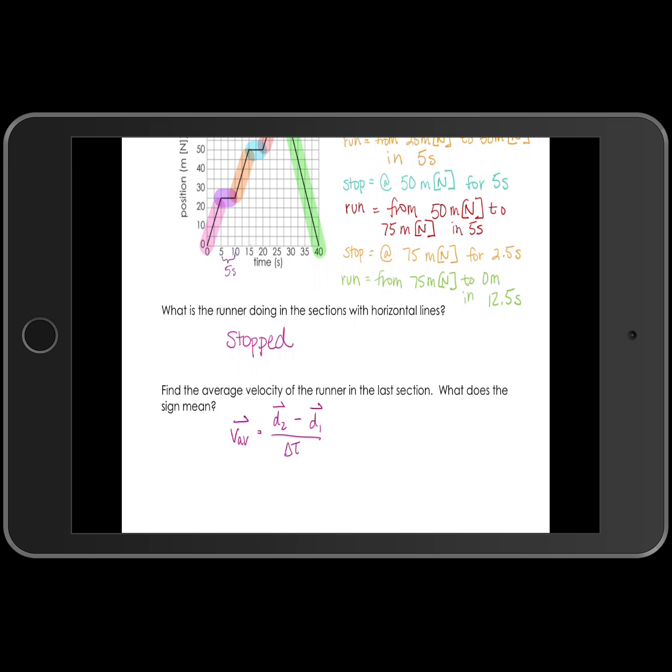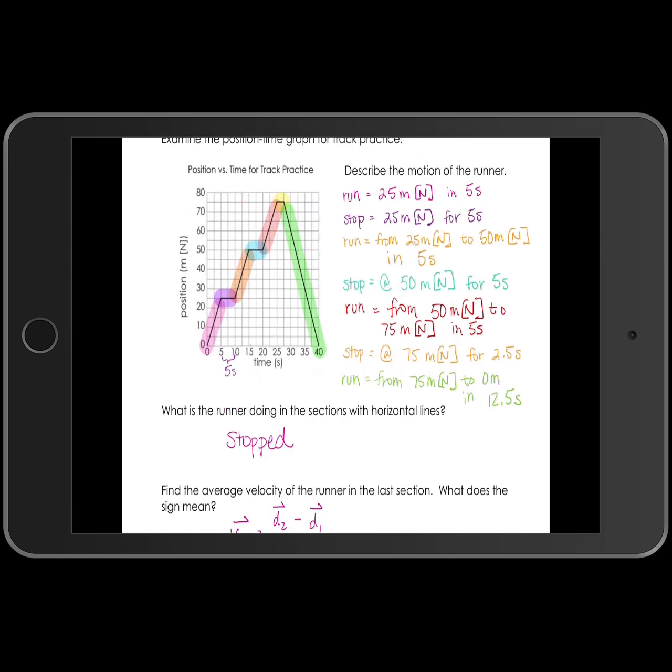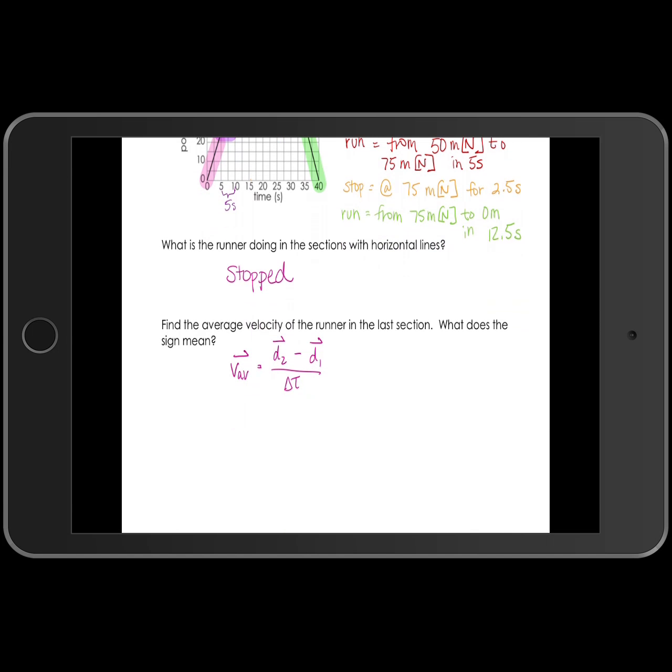If we plug in the numbers, our position 1 was 75 meters north, and our position 2 was 0.